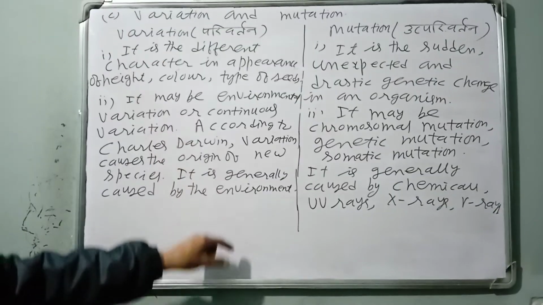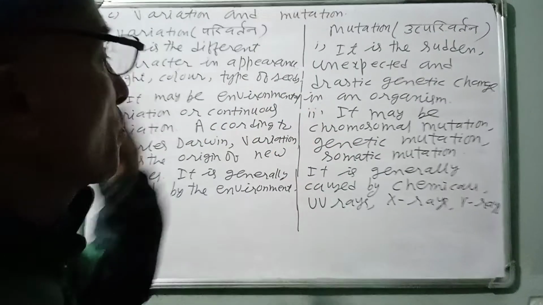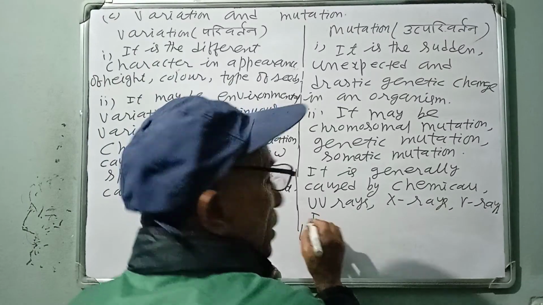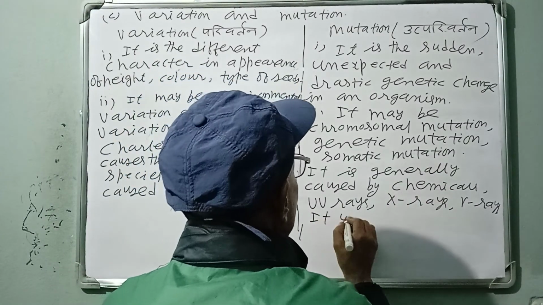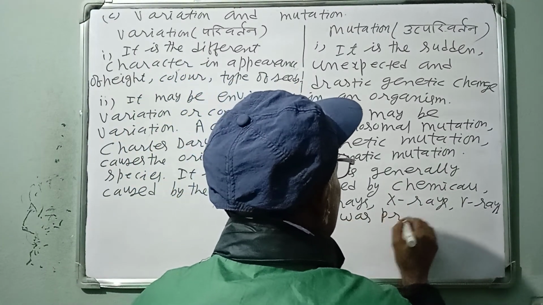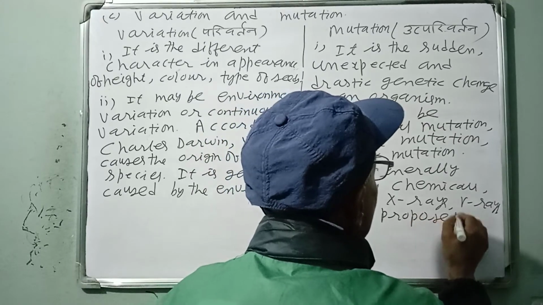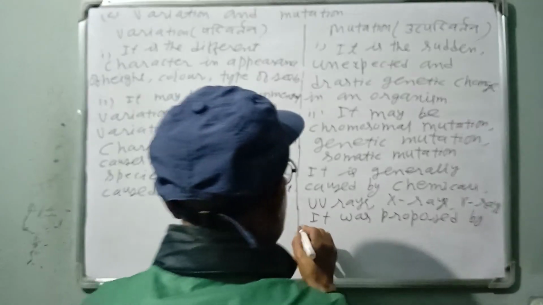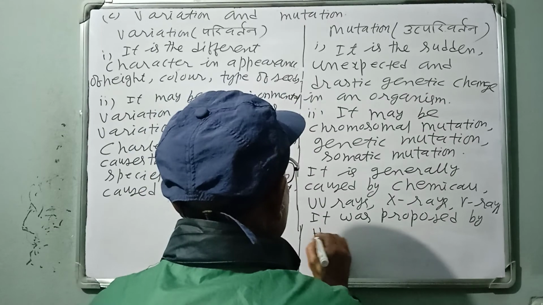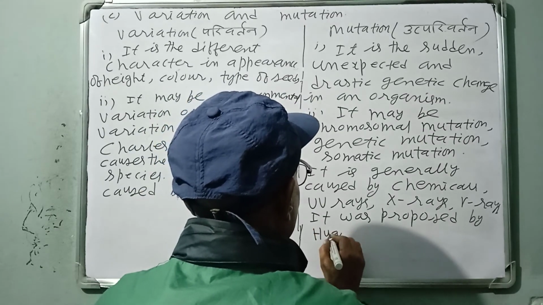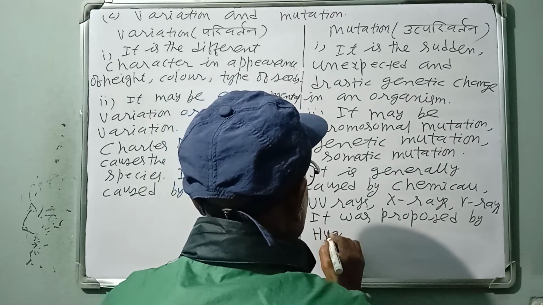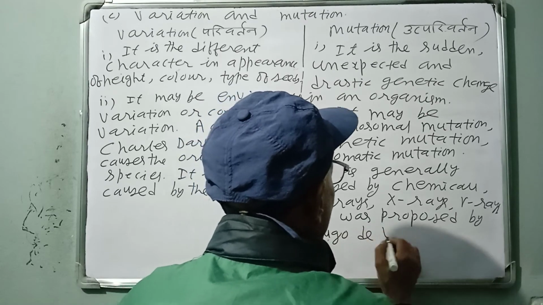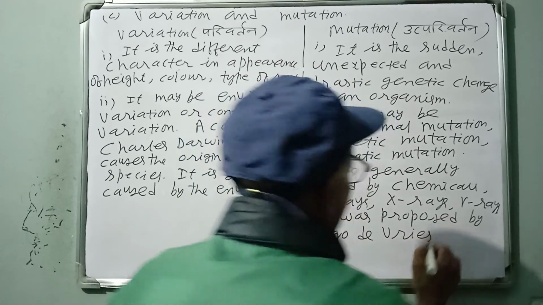Mutation was proposed by another scientist named Hugo de Vries.